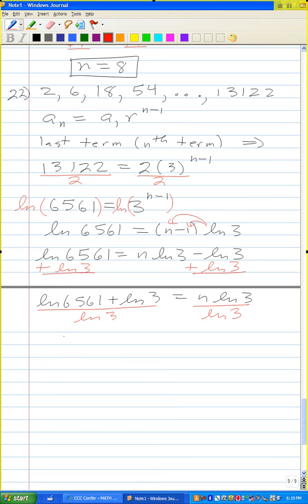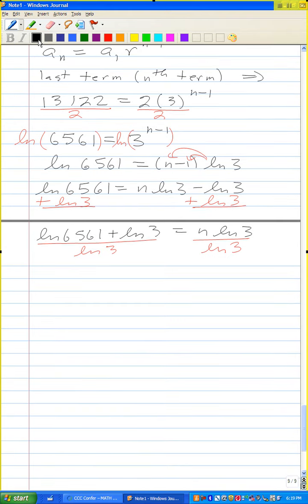The n is equal to (ln 6561 plus ln 3) over ln 3.